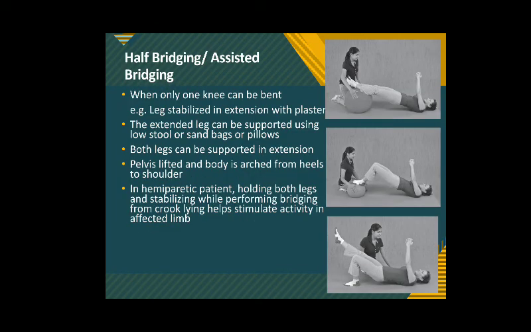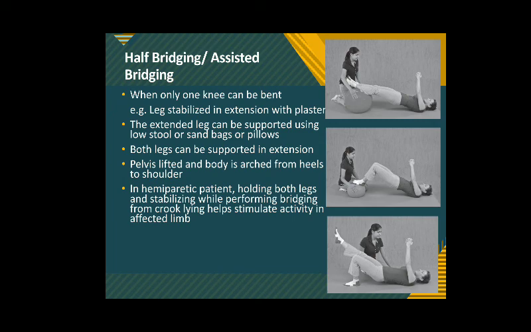The bridging can be modified to perform several activities to train the person for the next level. Commonly, half bridging or assisted bridging is done, which is seen in these images. It can be done with only one knee bent, where the leg is stabilized in extension with plaster after traumatic injuries. The extended leg can be supported with the use of low stools or sandbags or pillows.